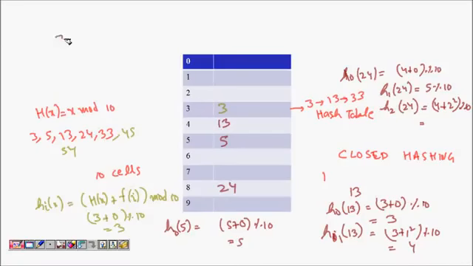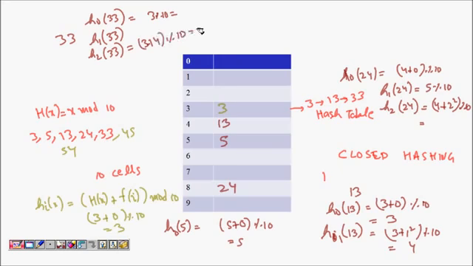Then we have 33. h_0(33) will be 3 plus 0 modulo 10, so it's 3, but there is a collision. h_1(33) is again 3 plus 1, which is 4, and 4 is occupied. So h_2(33) will be 3 plus 2 square, so 3 plus 4 modulo 10, so it's 7. 7 is still empty, so 33 will come here.